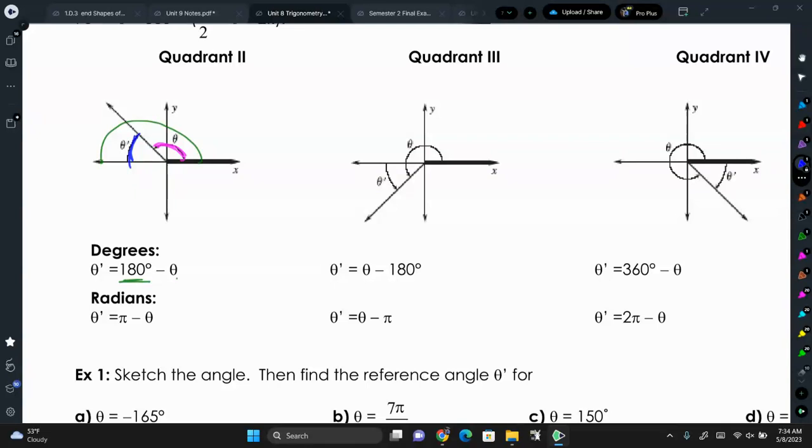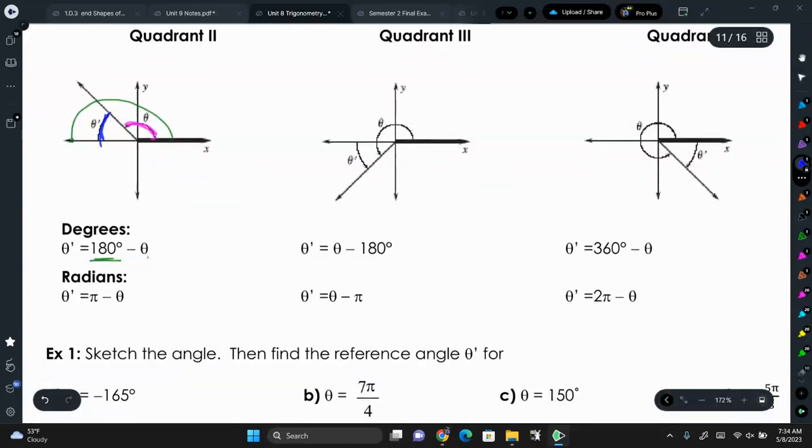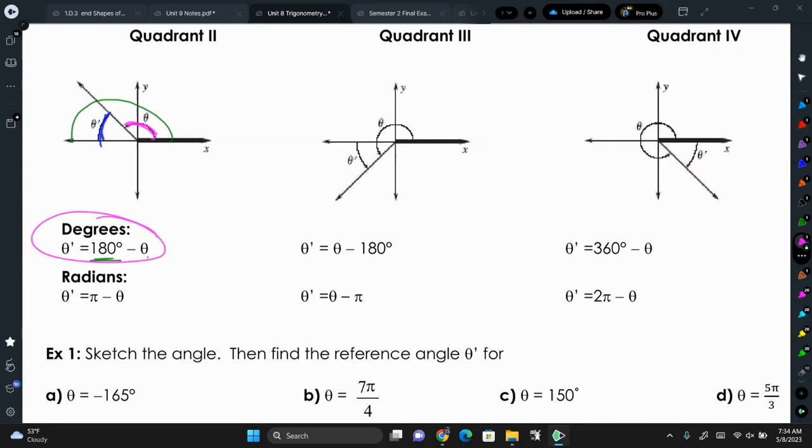In radians, it'd be pi minus theta. In quadrant number 3, you would take your angle and subtract 180 from it. It's almost the same as quadrant 2, just reversed. You take your angle, which goes all the way around, subtract half a circle, and you're left with that angle to the nearest x-axis.